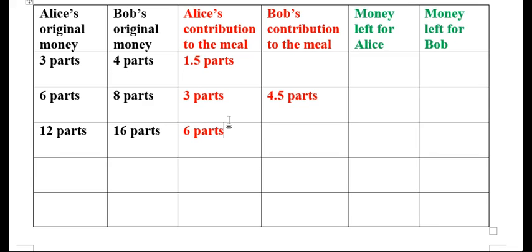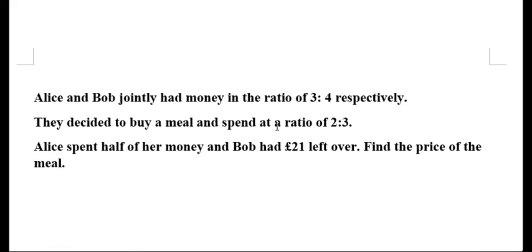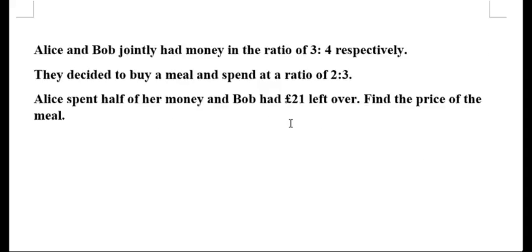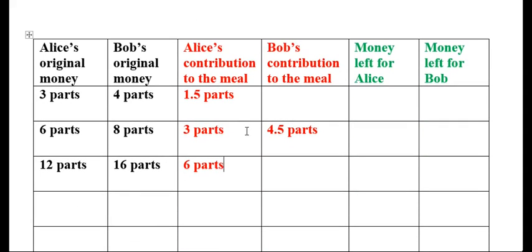When they buy the meal, Alice and Bob spend at the ratio of 2 to 3, so Bob's contribution is 1.5 times Alice's contribution. Alice's contribution is 6 parts, so Bob's contribution would be 9 parts.